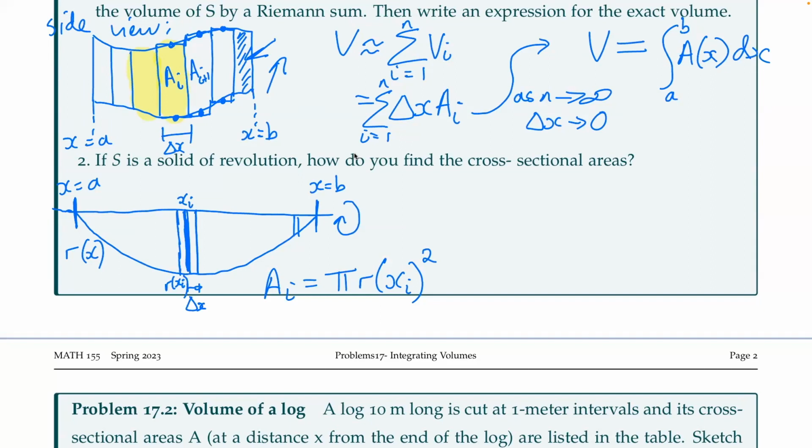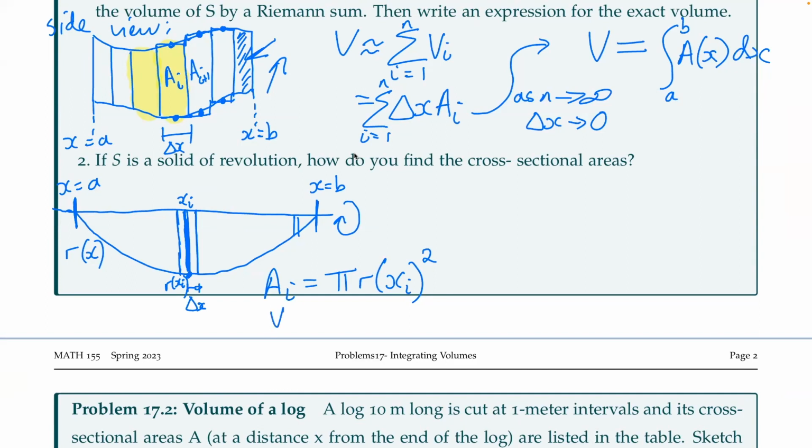Because we're rotating this round, into the screen and back around again, we have a radius given by this curve, and as we rotate that round, that gives us a circle. So the radius for that particular slice is defined by the length from the center to the outside of this curve. That's r of x i. We do pi r of x i squared, and that gives us the area of that circle.